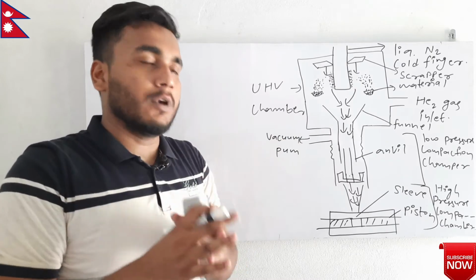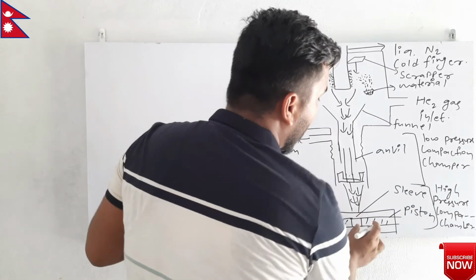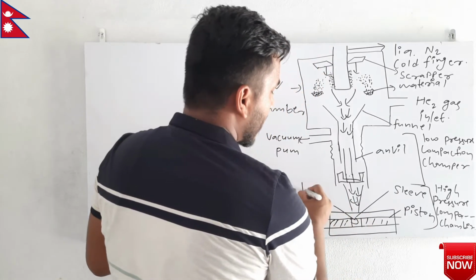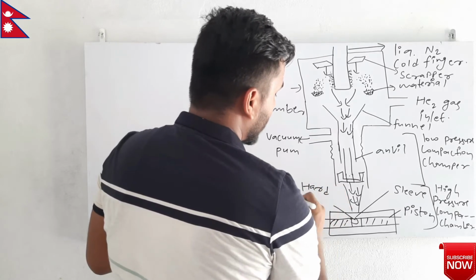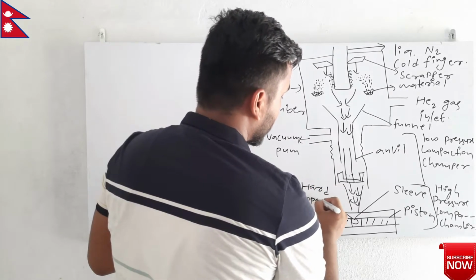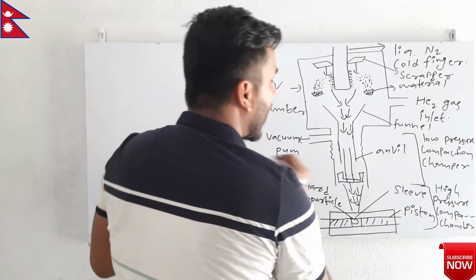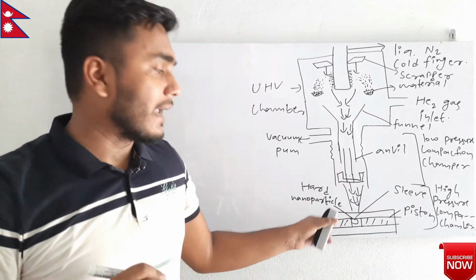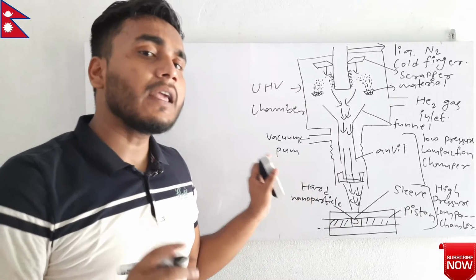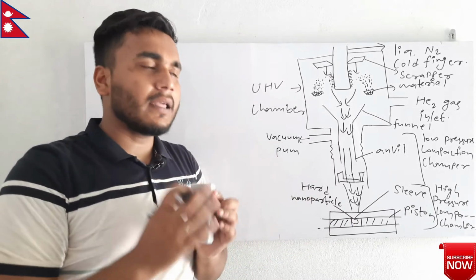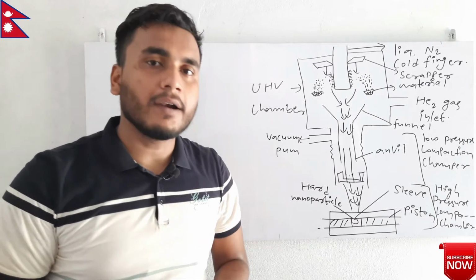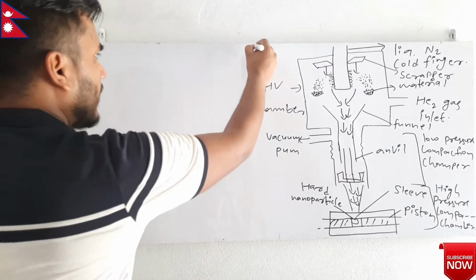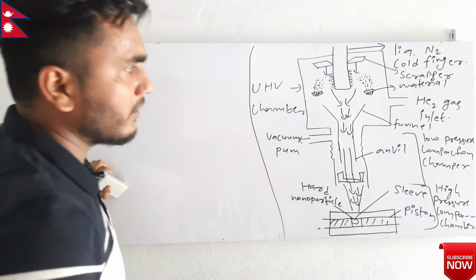They are pressed forcefully so that we can get hard material. Here we get hard nanoparticles. So by this method we get nanoparticles that are very hard, and we can get nanoparticles of desired shape as well. Now what procedure happens in this process?